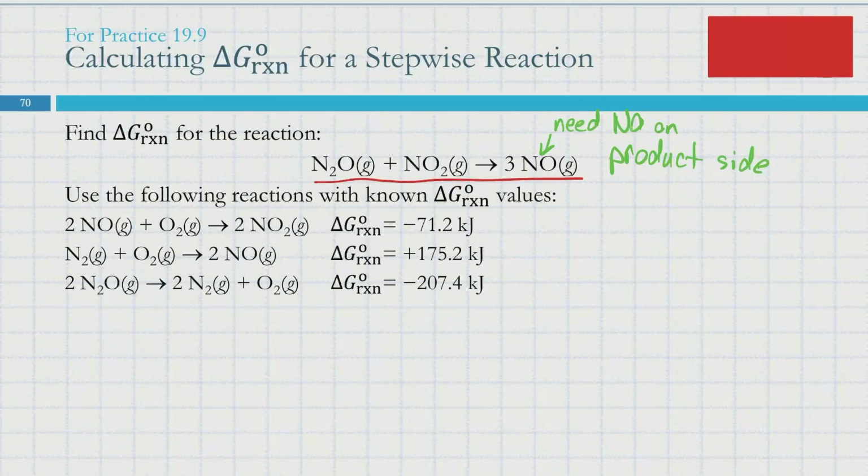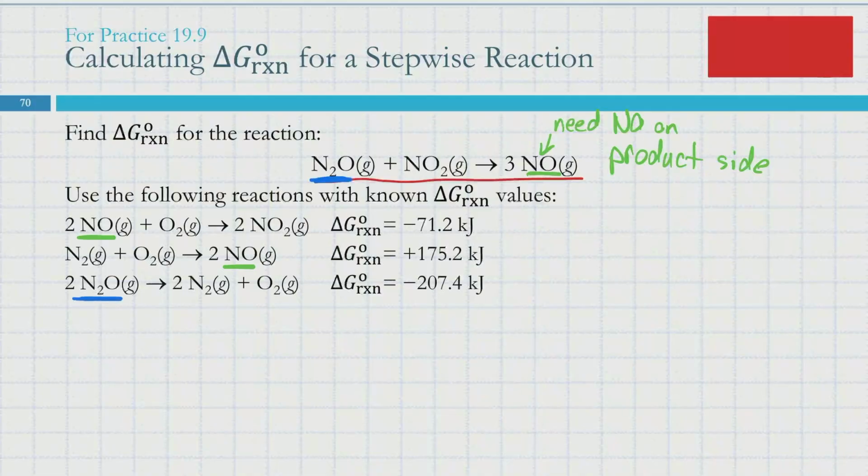So let's hunt around for some NOs in our reactions. In our first reaction, we've got NO on the reactant side. In our second reaction, we've got NO on the product side. There's a start. We've also got N2O on the reactant side.